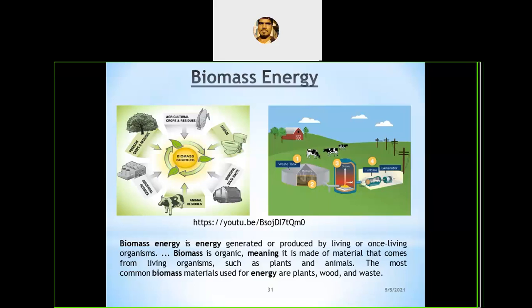It is made up of materials that come from living organisms such as plants and animals. The most common biomass we use to generate energy is plants, wood, and agricultural waste. In the picture you can see some biomass sources.